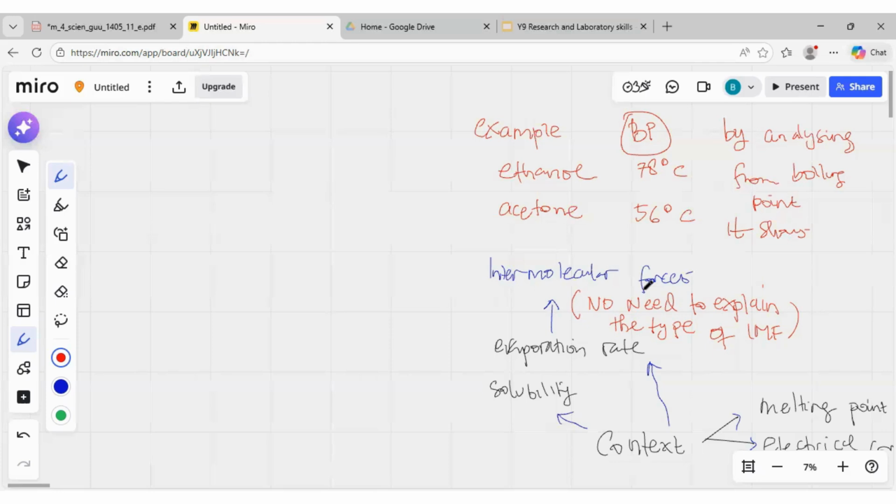Now, for intermolecular forces, remember it's also about the diffusion, ya. Because evaporation itu kan will make the room is filled by the gas. So this can be connected to concept of diffusion. What is diffusion again?